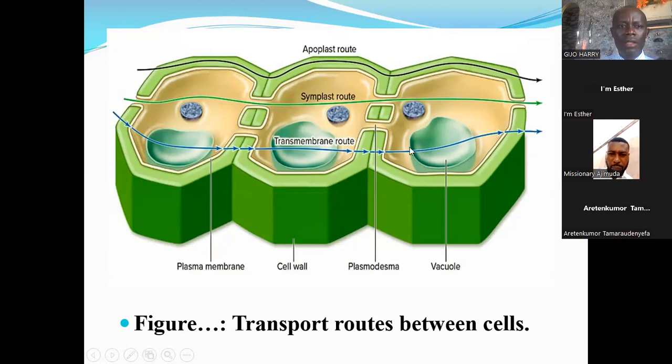In the transmembrane route, the water passes through the cell membranes and also across the membranes of vacuoles. So it moves from one cell membrane to another. So those are the 3 routes: the apoplast, the symplast, and the transmembrane route.